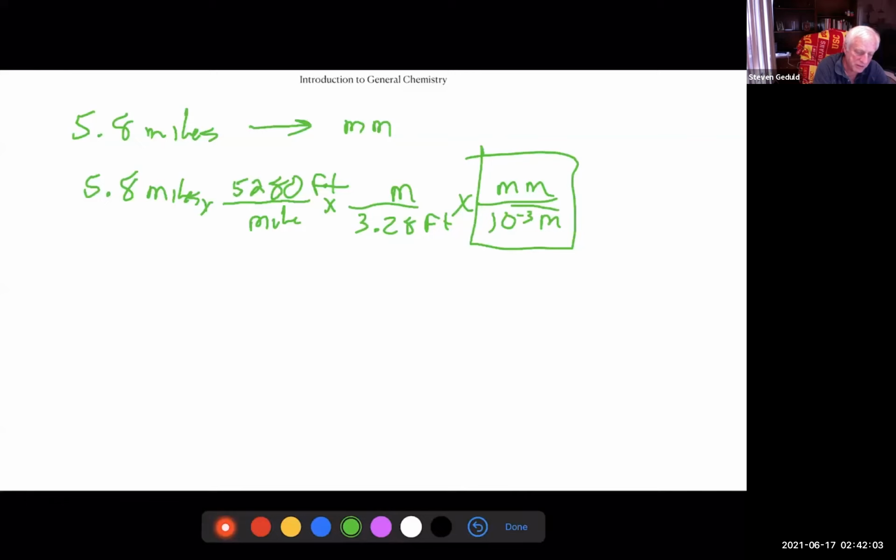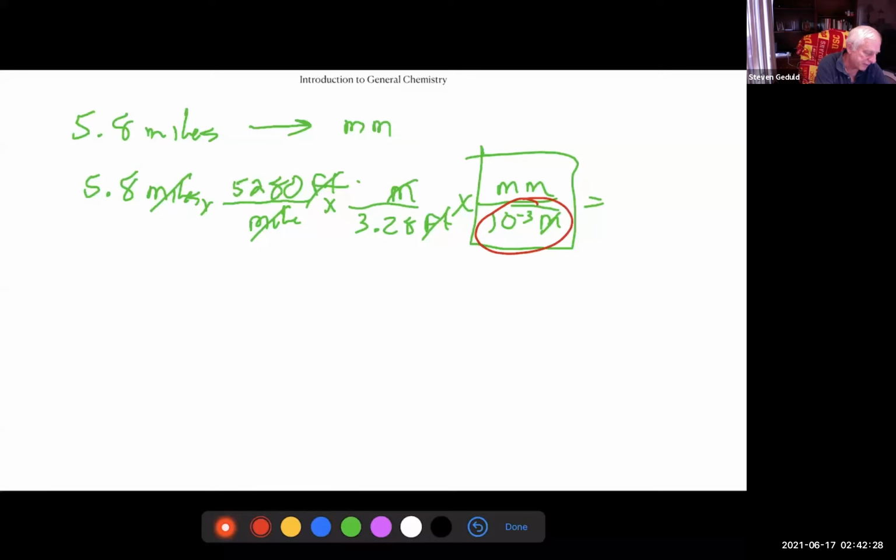And there you go. You've gone from miles to feet, feet to meters, meters to millimeters. And to do the math, multiply by the top, divide on the bottom. Don't make anything fancy or print anything like that. Always just multiply top numbers, divide bottom numbers. Very simple. And just usually circle your exponents, because we'll do those later, so you don't want to forget them.